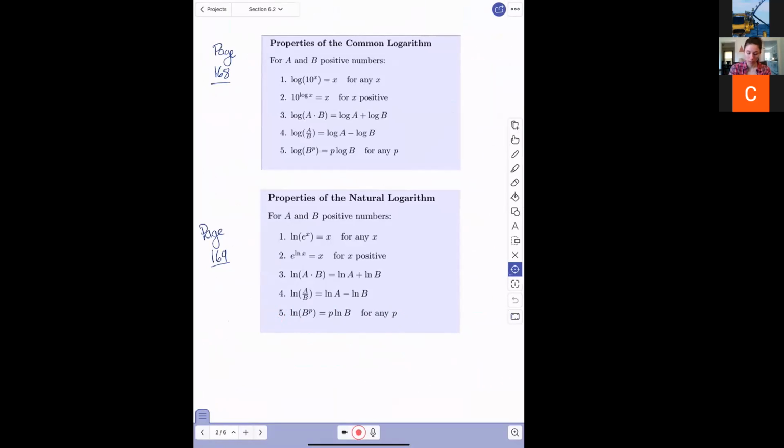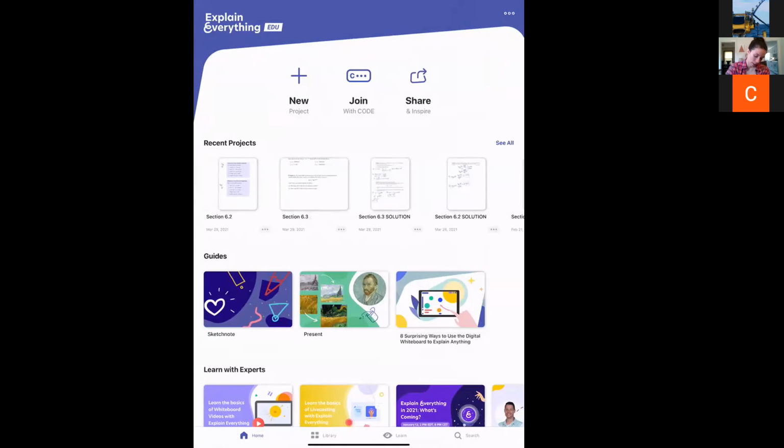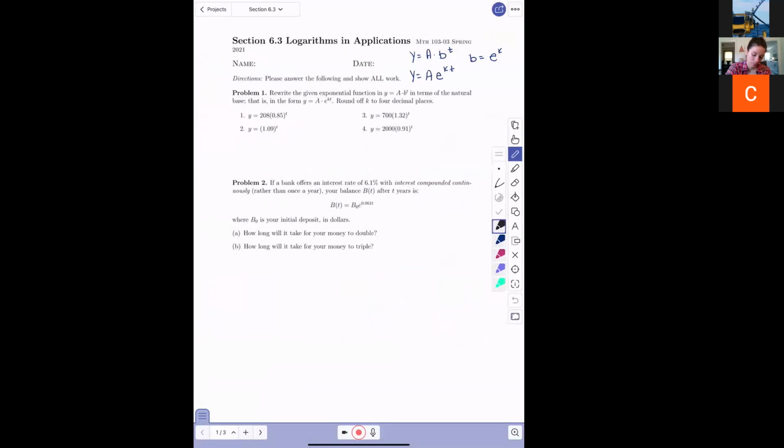So we're just going to take the natural log of each side. ln of b is equal to ln of e to the power k, then we have that k is just equal to natural log of b. So this is now our new fact that we're going to use to convert from standard to natural log form.